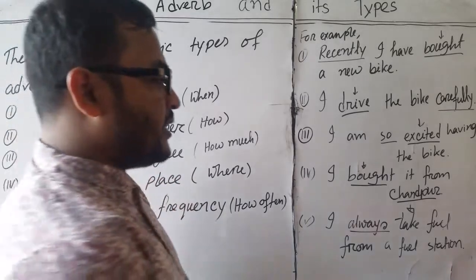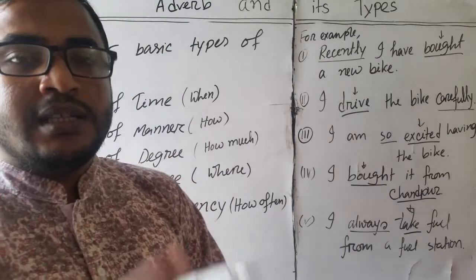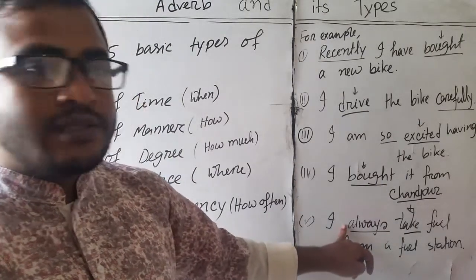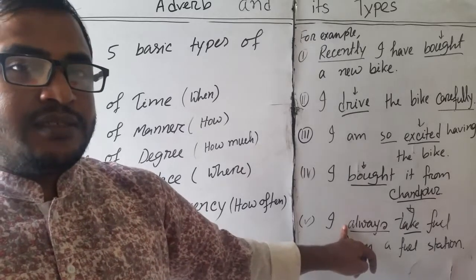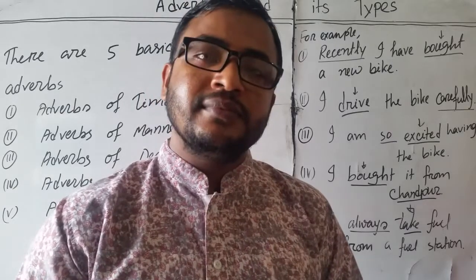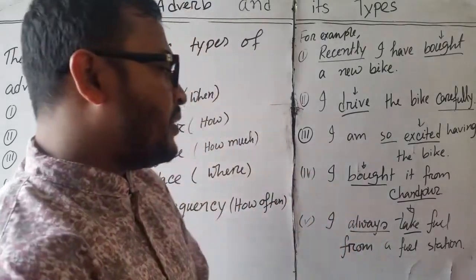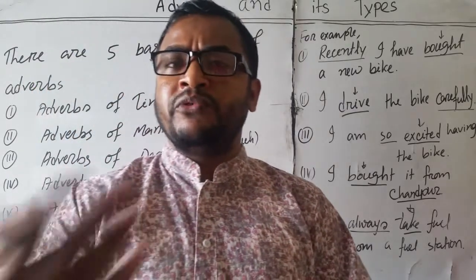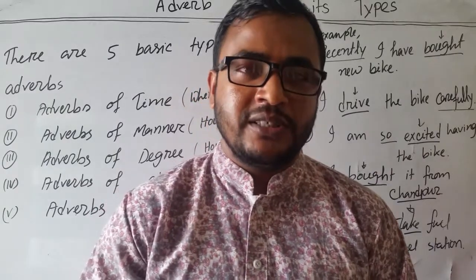So the verb is take and the adverb is always. The adverb always tells us how often. How often do I take fuel from the fuel stations? I always take fuel from the fuel stations.